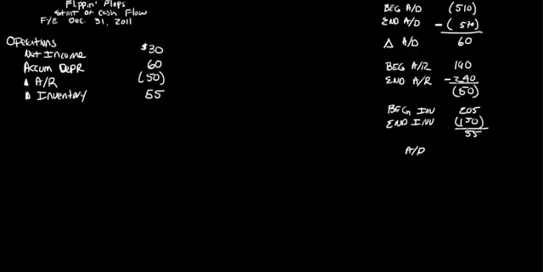We start with the ending accounts payable, and the ending accounts payable is 120. And now we do the beginning accounts payable, and that's 100. We subtract the beginning from the ending, and our change in accounts payable is a positive 20.